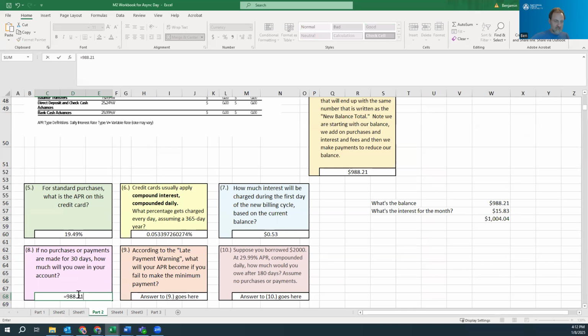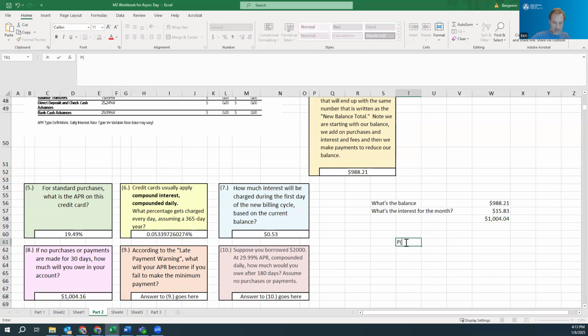That's what we borrowed, times 1 plus the interest rate divided by n, which is our 365, and then we're raising it to the power of 30 because 30 days have gone by.